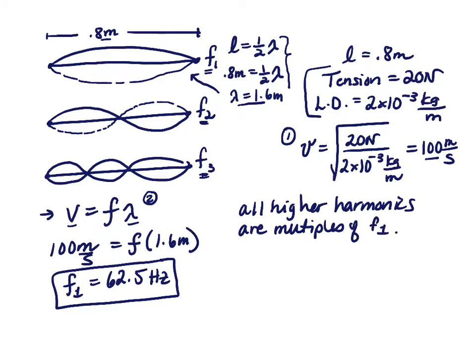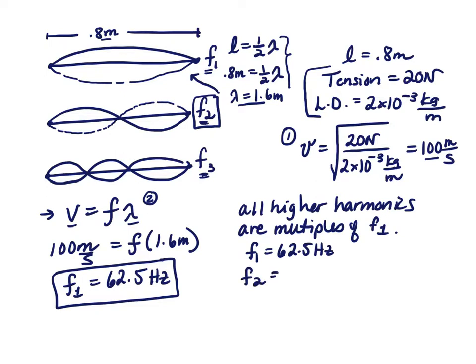You'll remember that F2, the second harmonic, was shaking twice as fast as the fundamental. So if I know that F1 shakes at a frequency of 62.5 hertz, then I know that F2 is going to shake twice as fast.